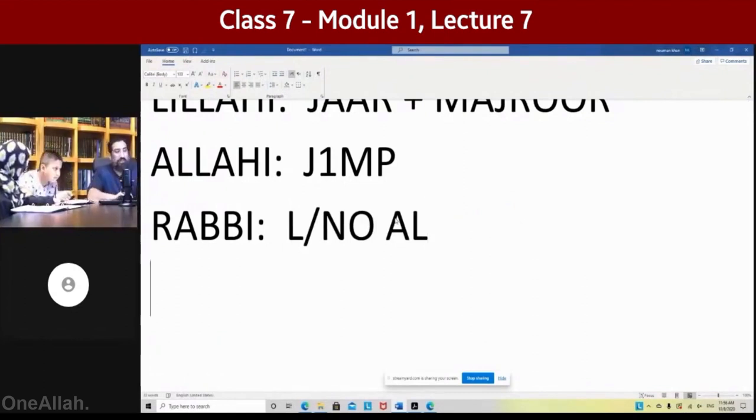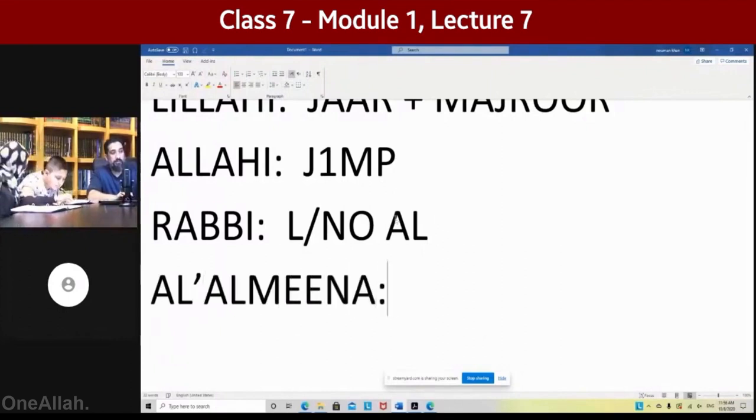And since I'm on that investigation, I'll come back to Rabbi, but al-alamina, could it be jar? It's nasab or jar, right? But because it's next to a mudaf candidate, I'm going to go with jar. Now let me remind you of something. This is an important concept. We didn't do enough of it, but now it's time to do it in detail.